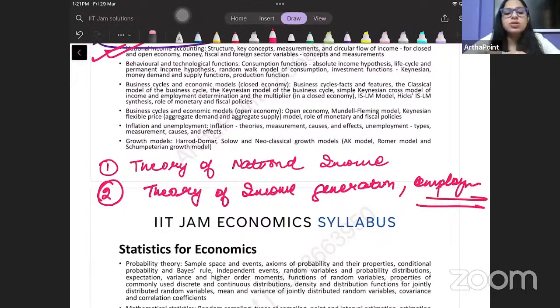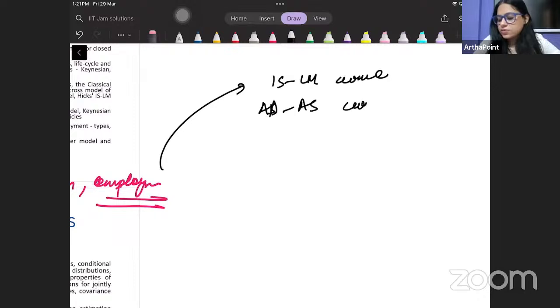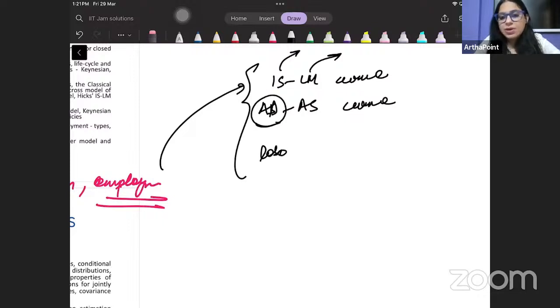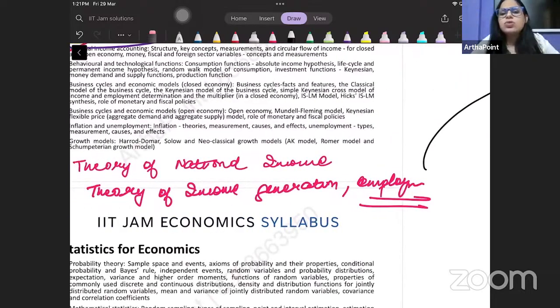In it we will be talking about what the ISLM curve is and what the ADAS curve is. In the ISLM curve, how the goods market acts, how the money market acts, how the AD curve is derived, how the labor market acts, and through the labor market, how the AS curve is derived. So we will be talking in detail about the theory of income generation and employment.